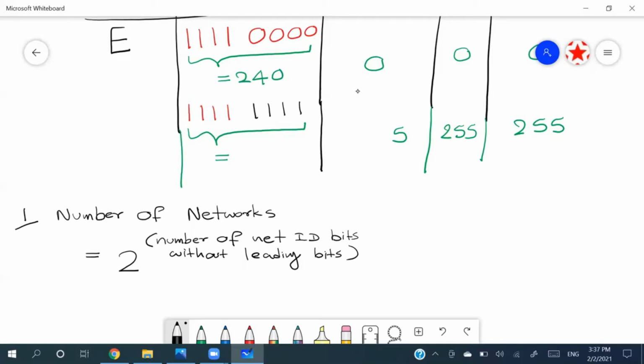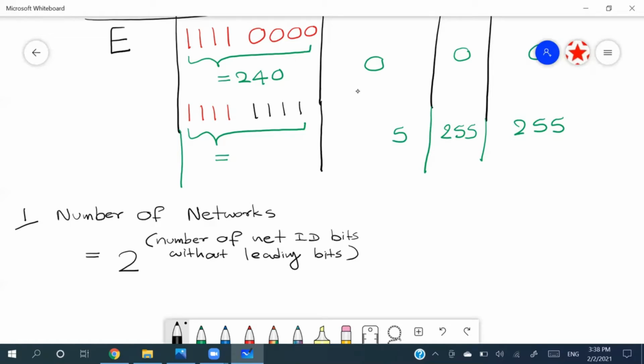an IP address and asked how many networks of this kind can be made, you determine what is the number of bits in the net ID. Then you have to figure out how many leading bits should be there within it.